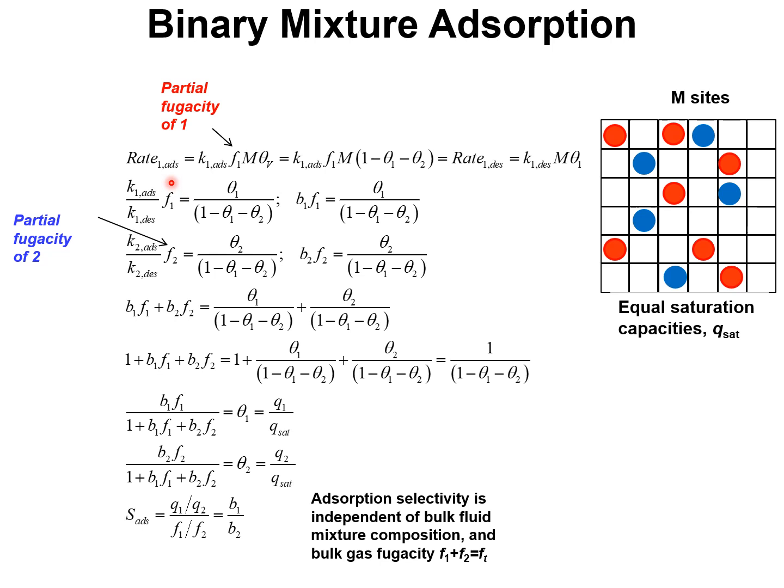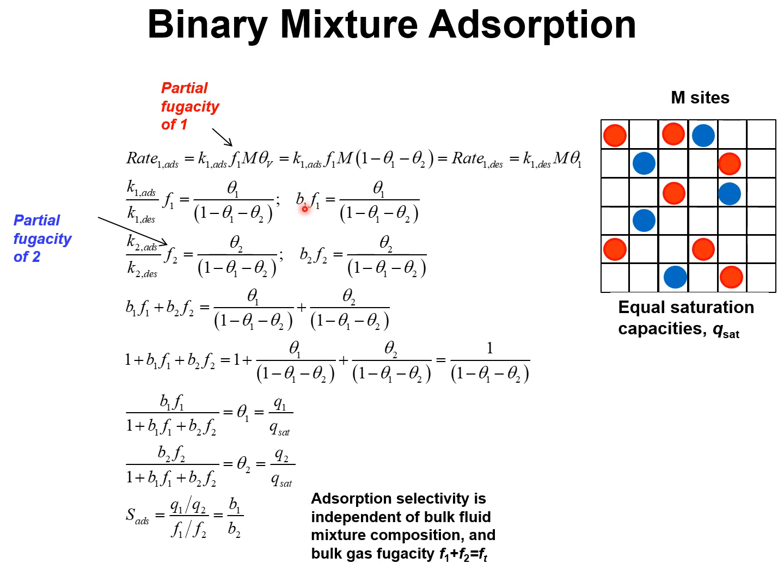Equating the rates of adsorption and desorption, we can derive the following expression relating the partial fugacity of component 1 in the bulk gas phase with the fractional occupancies of components 1 and 2. B1 is the binding constant for component 1.